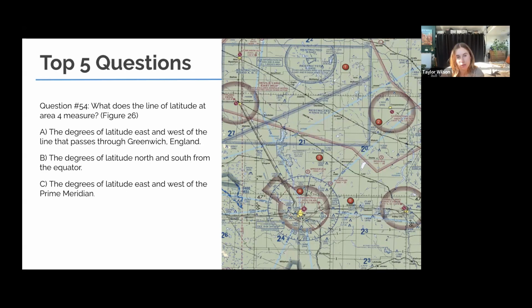What are we measuring when we're talking about latitude? Nobody wants to give it a shot. All right, our answer here is the degrees of latitude north and south from the equator. Oh, now we got some answers. Thank you guys. Great job. Yep, our answer is B. So latitude is north and south from the equator, and then longitude is going through Greenwich, England.